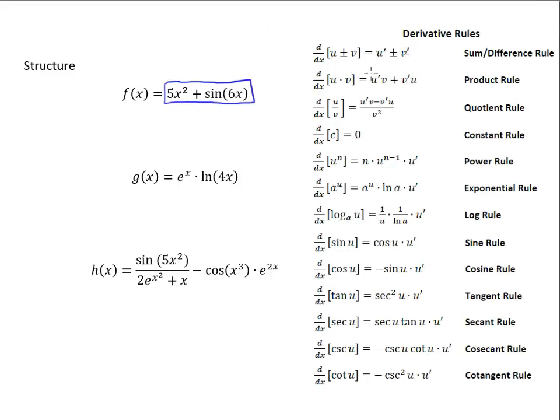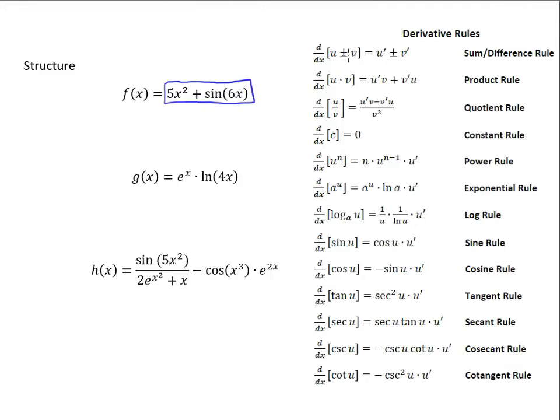Pretty straightforward. Now, be cautious here, that if you look at the product rule, it's not as straightforward. It's not simply, hey, I'm taking the derivative of u times v, therefore the derivative is u prime times v prime. That isn't it. The product rule and quotient rule are much more complicated than this.